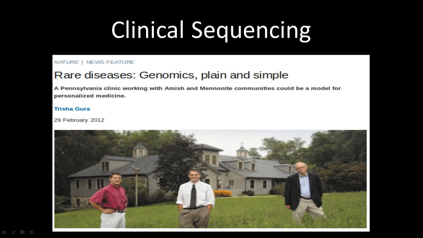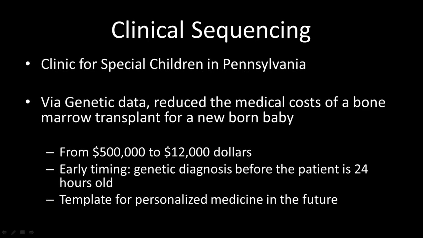The article provided an example where the clinic reduced the cost of a bone marrow transplant because the sequencers detected a rare genetic variant indicated by the patient's immunodeficiency.